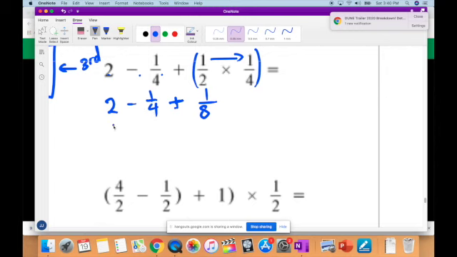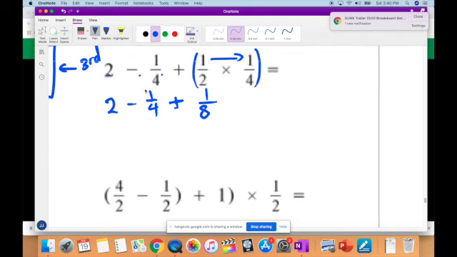Does it matter which one I do first? No, it doesn't matter. At the end of the day, I could minus the quarter from the 2 and then add it to the 8, or add the 8 to the quarter and then minus it from the 2.